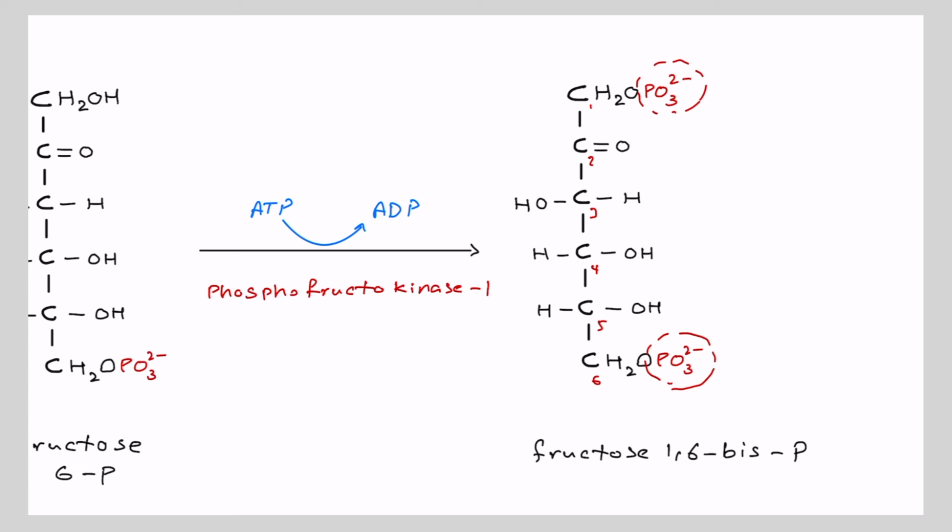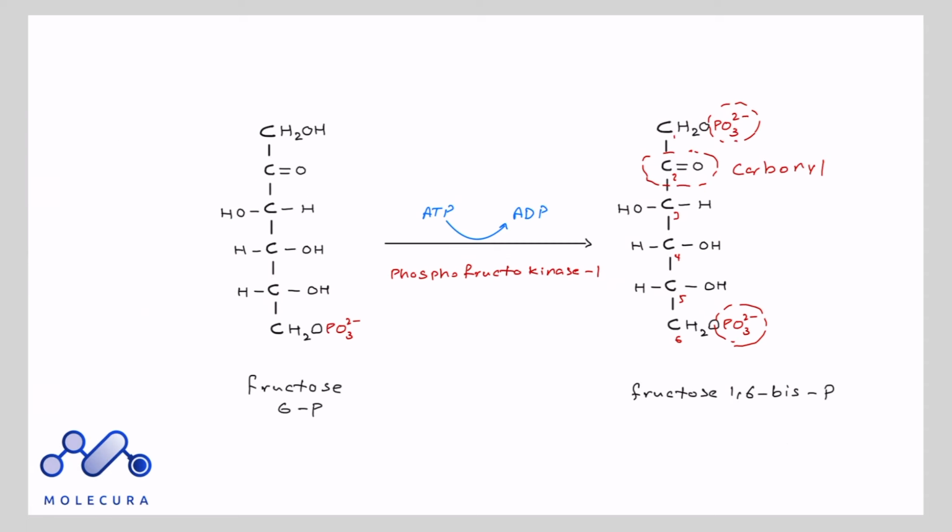As we already talked about, this structure is different from glucose because its carbonyl group is in the middle of the chain instead of being at the top, which would make an aldehyde. So this is the third and one of the most important reactions of glycolysis. Now we will go to the fourth reaction.